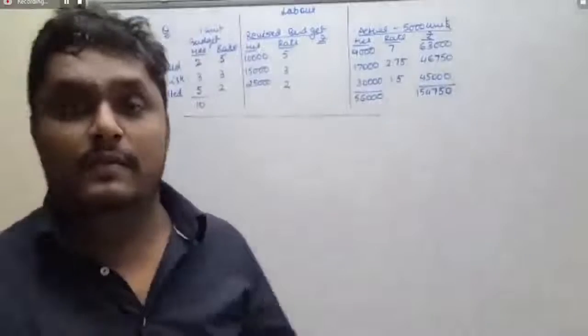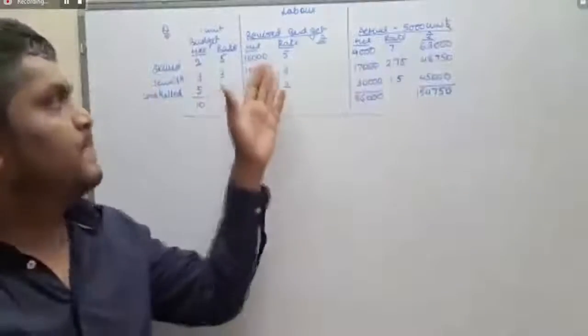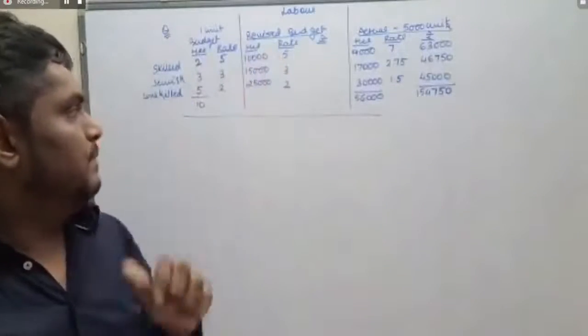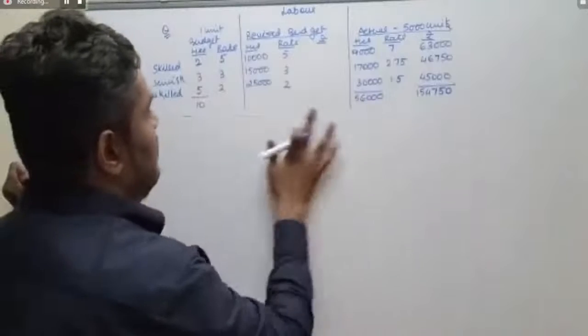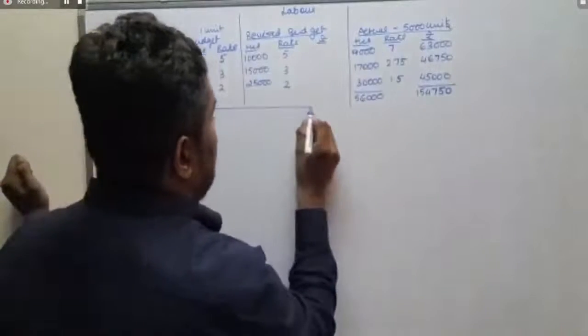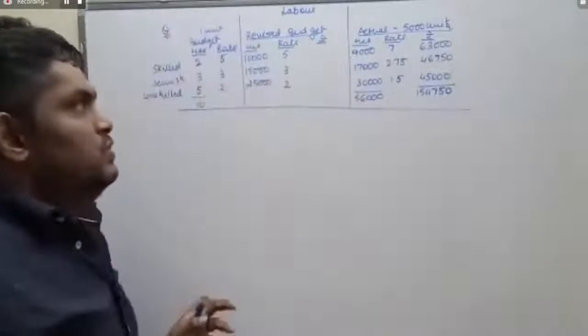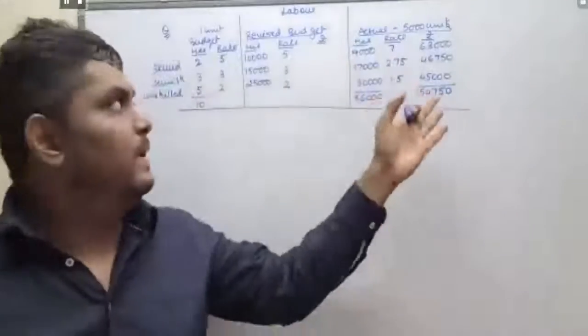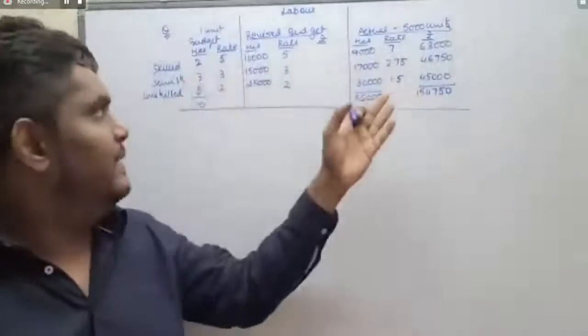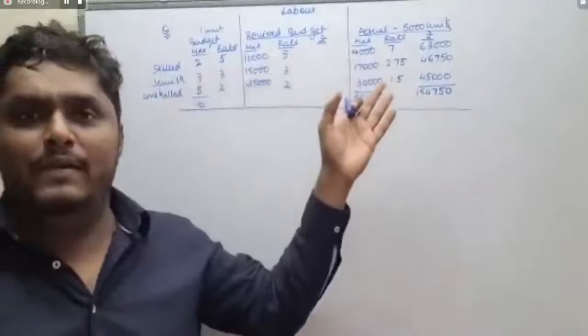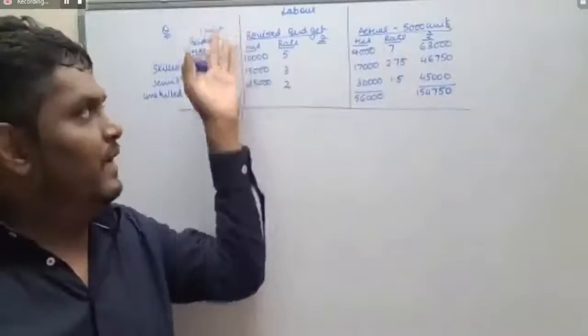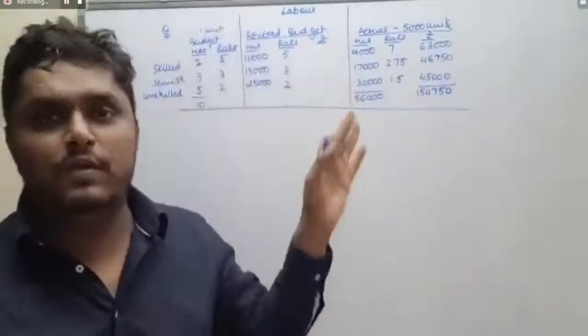So these two figures were not comparable because the output was not same. That's why we made it comparable, wherein we converted this 1 unit data into 5,000 units data.